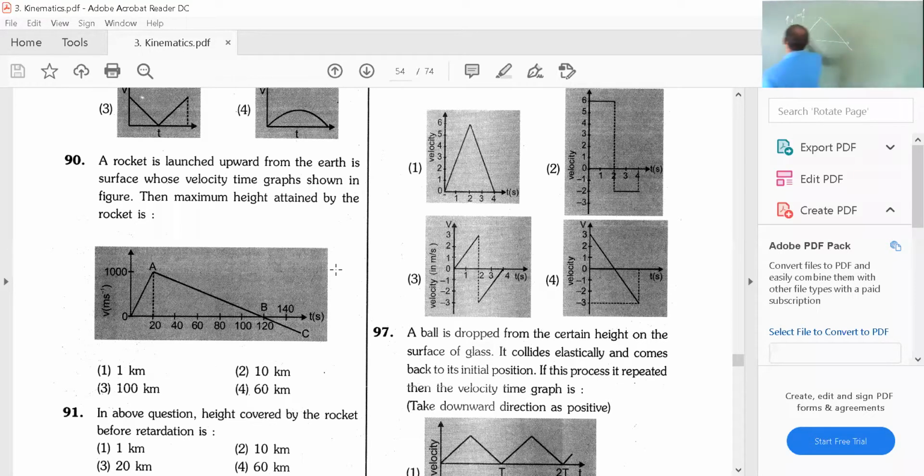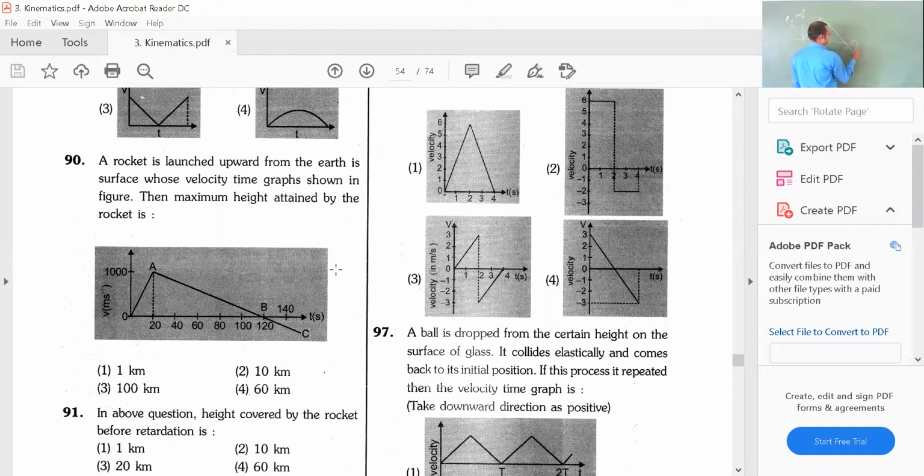Meter per second. So velocity is in meters per second. Next, down on the x-axis, what is given? Time, in seconds. Here 20 seconds is given, and here 120 seconds. Here 140 is also given, so I take that also.